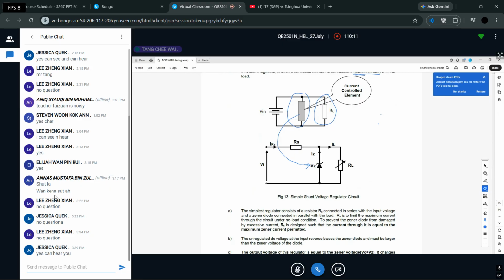Anybody? Can someone make an attempt? What is this component called? What is the component that I just circled known as? You probably have seen it before last year. Can you recall? Anyone?